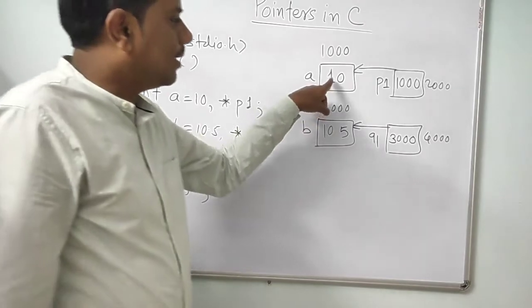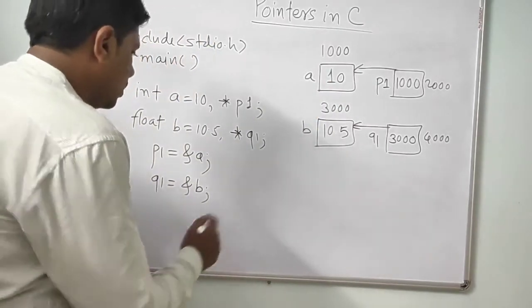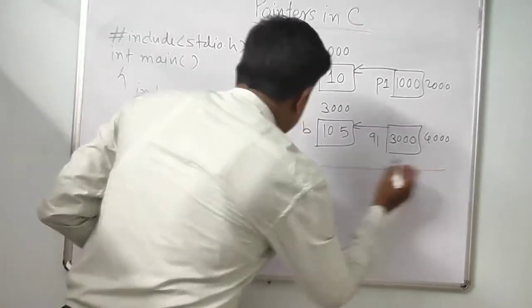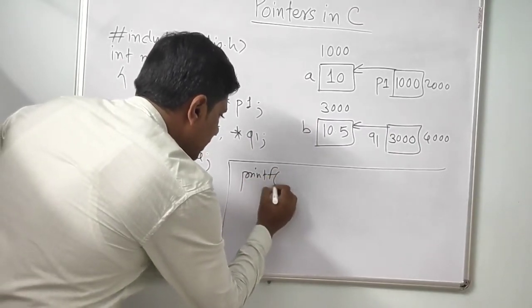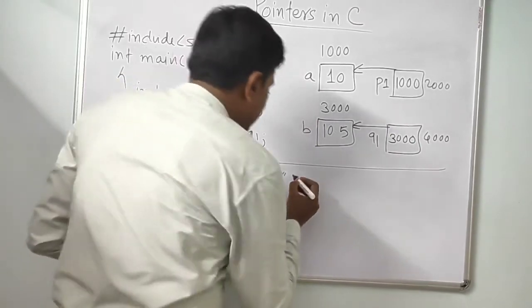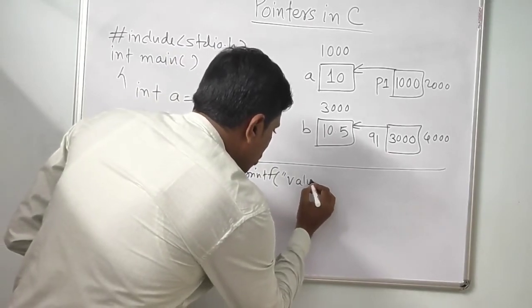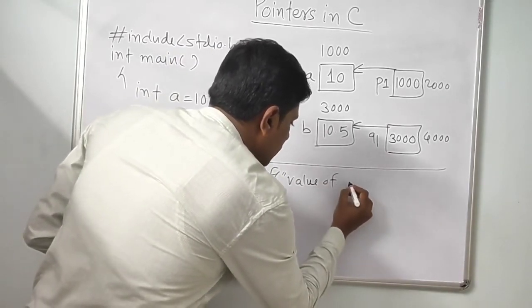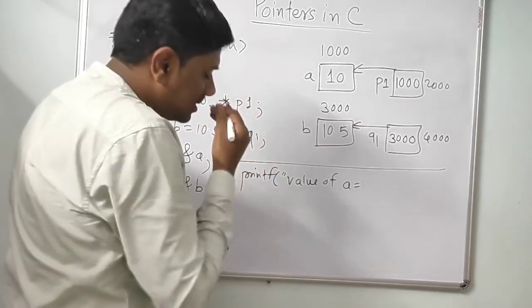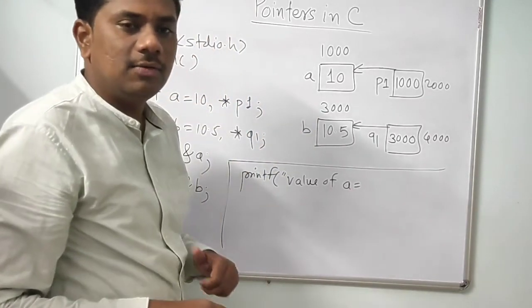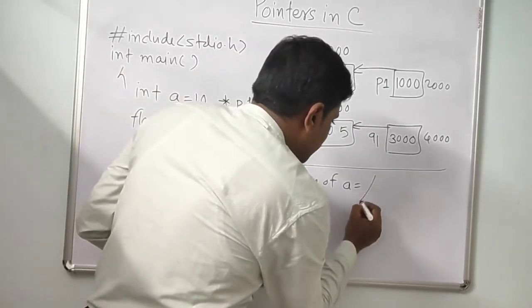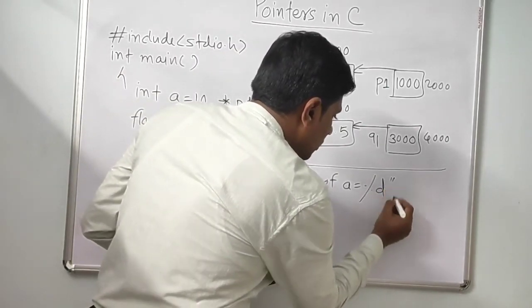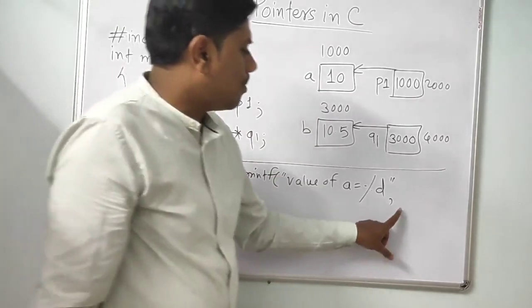Now how to print this value? I'm simply using printf, value of a equal to, as I'm printing the values. Which type of value is there? %d, comma.